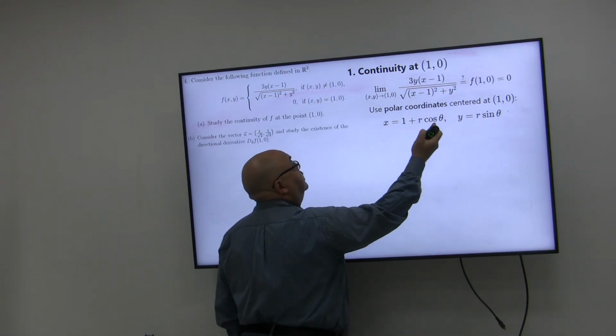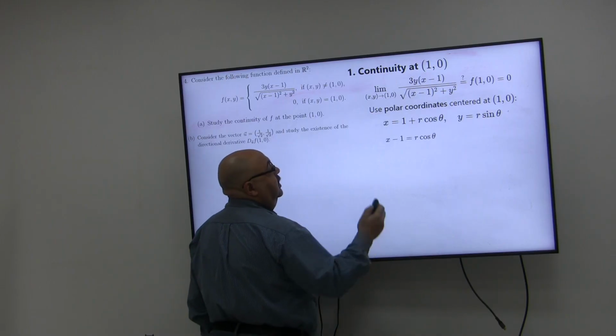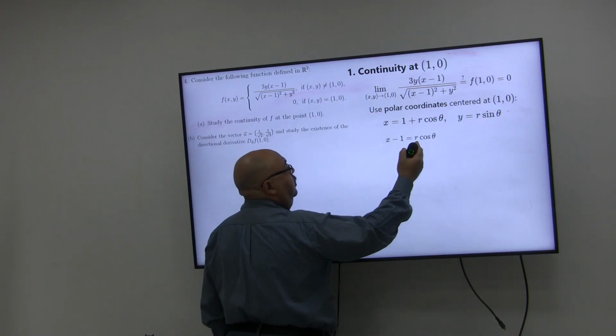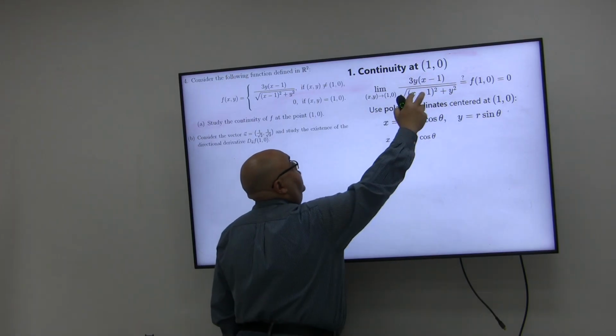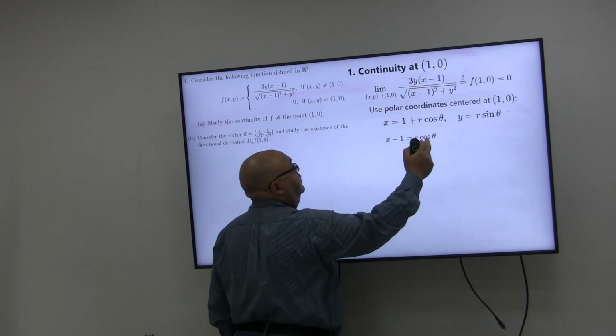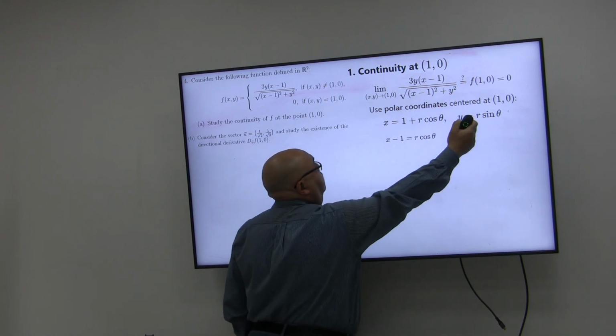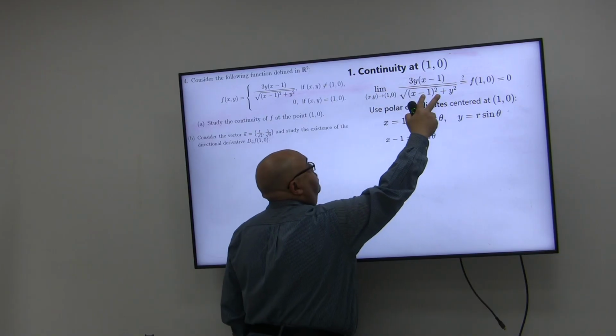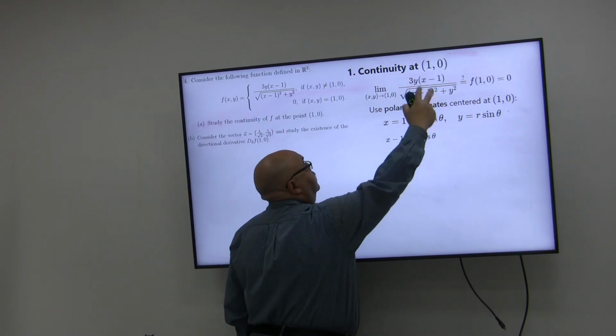If I'm using this, it means that x minus 1 is going to equal r cosine theta, so I can replace this by r cosine theta, and I can replace y by r sine theta, which makes a huge difference in the denominator.